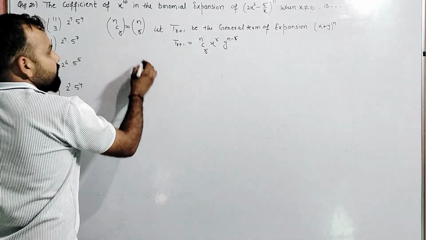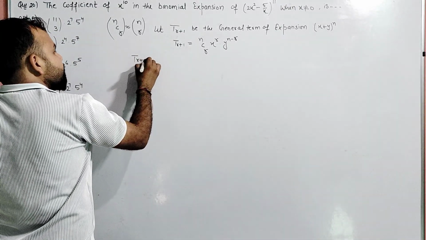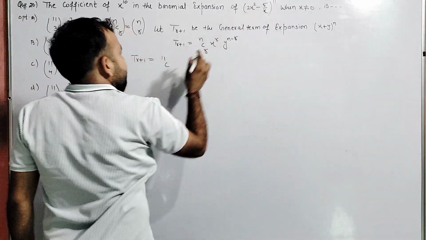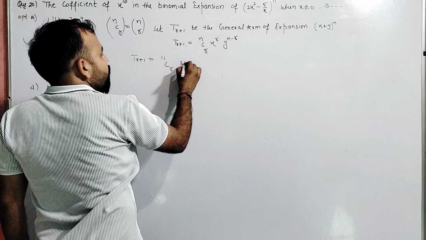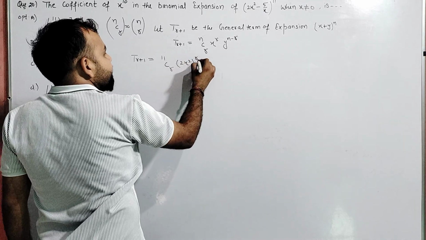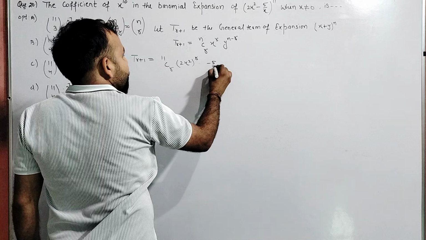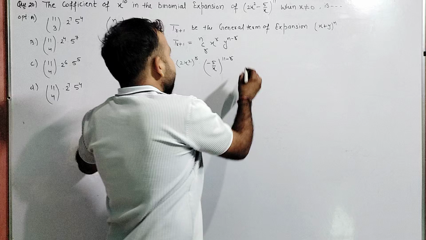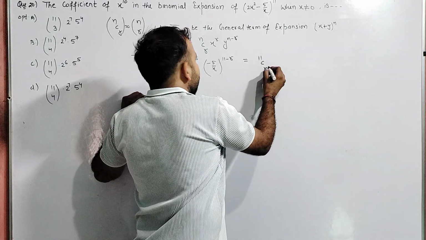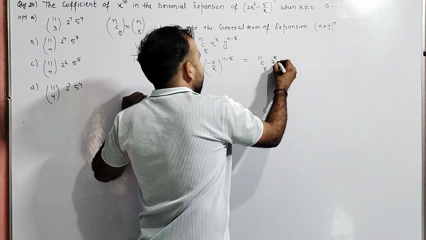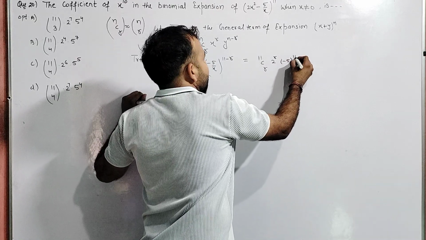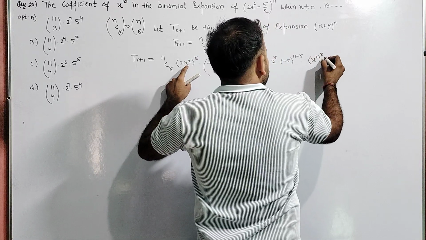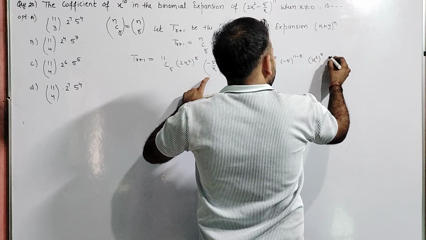Okay student. So our general term in the expansion of 2x square minus 5 by x, with the value of n being 11, is 11Cr (2x square) to the power r into (minus 5 upon x) to the power 11 minus r. Student, this can be written as 11Cr 2 to the power r, minus 5 to the power 11 minus r, into (x square) to the power r into 1 upon x to the power 11 minus r.